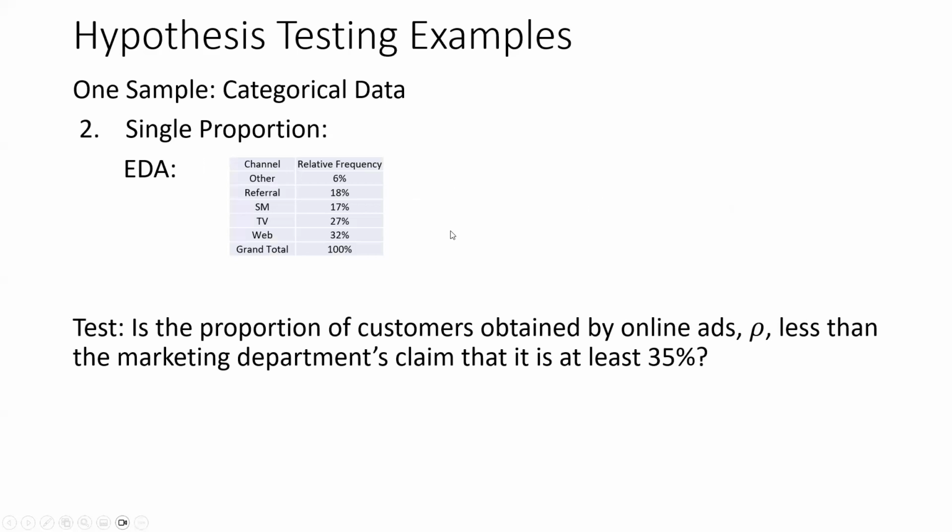The second one is a proportion. This is coming from a relative frequency table. Again, we refer to that, in the more general term, as an EDA, and we're seeing a signal here.